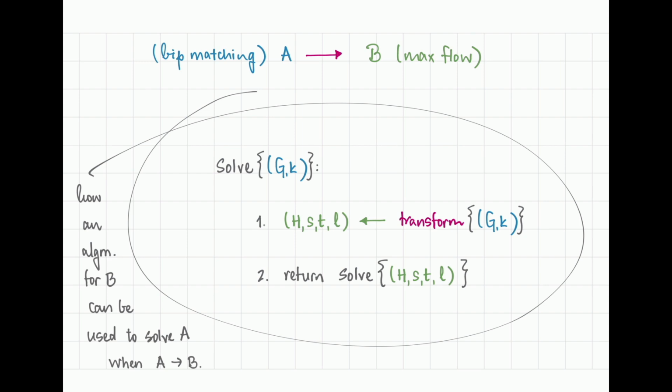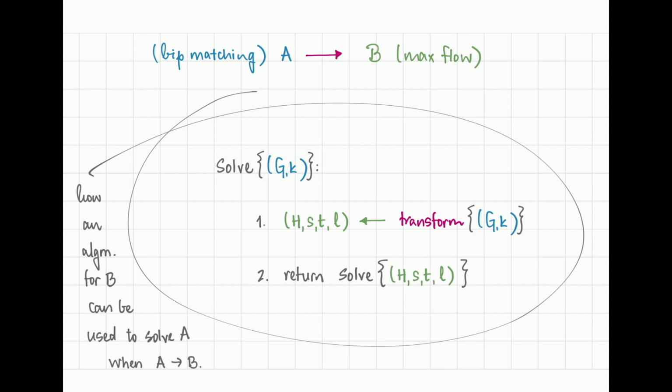So in general, if you're going between two problems, say A and B, so we went from maximum bipartite matching to maximum flow, when we wanted to solve an instance of the source problem, what we did was transform it to an instance of the target problem, and then we ran an algorithm that we already know for the target problem, and we used the outcome of that algorithm to meaningfully reason about the source problem.